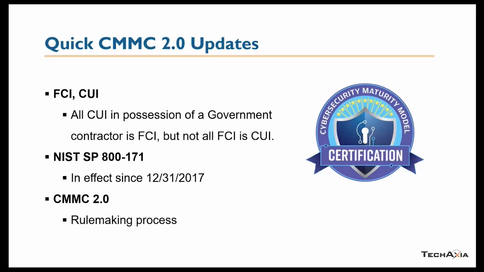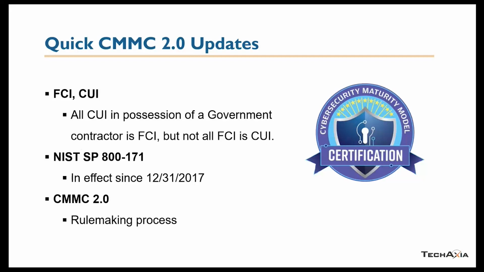Now let's begin. It all begins with FCI and CUI. FCI stands for Federal Contract Information, and CUI stands for Controlled Unclassified Information. Every CUI that a government contractor has is actually FCI, but not all FCI is CUI.